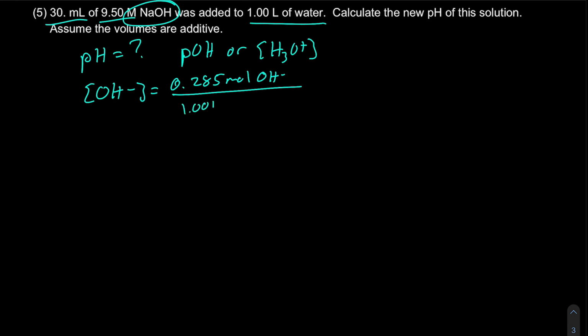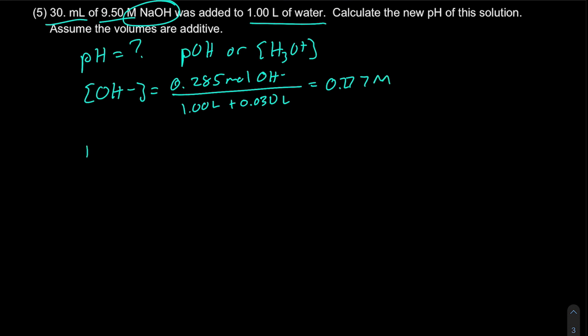Again, we have a 1 liter solution, and now we've added 30 milliliters, or 0.030 liters, of a solution to that. So our total volume is 1.03. So we would get a concentration of 0.277 molarity.